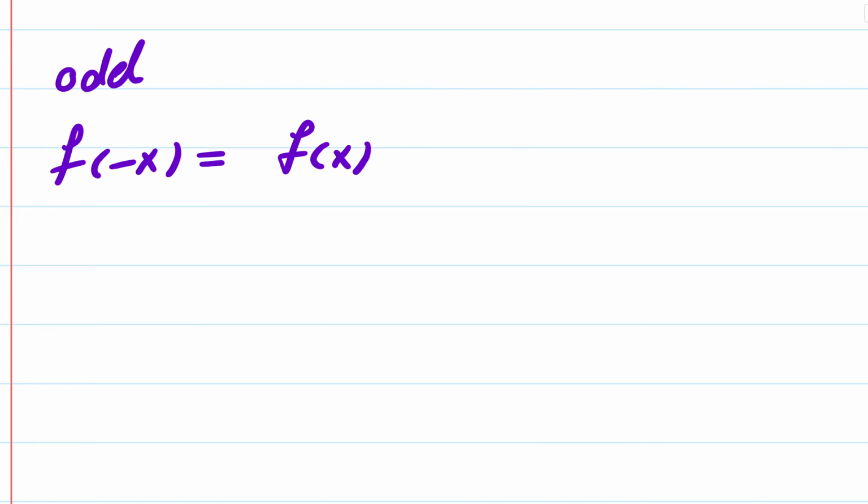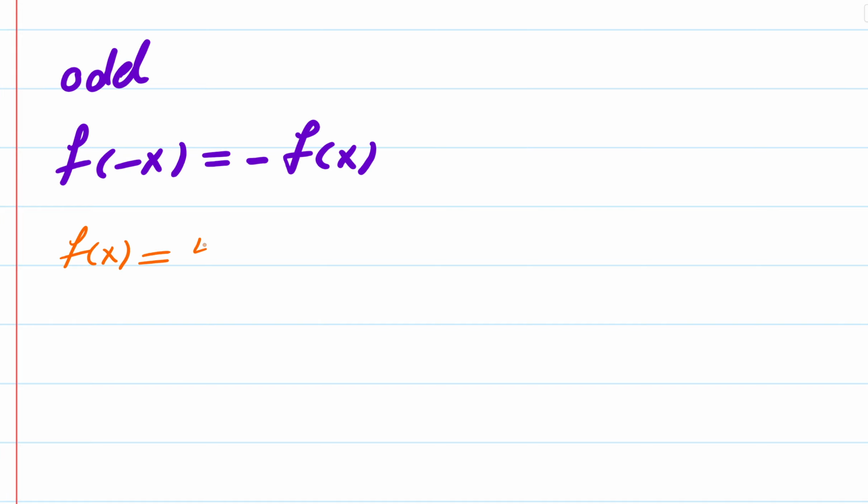Now, what's the definition for an odd function? If we replace x by negative x and we get f of x times negative 1, then the function is odd. For example, look at this function. f of x is 4x to the power 5 minus 2x to the power 3, for example.